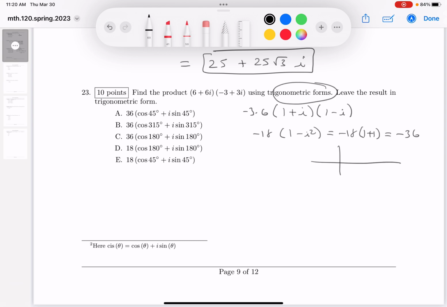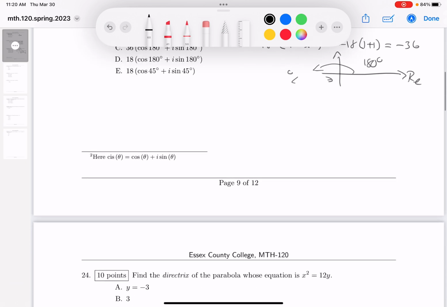I want trigonometric form. And what do you get over here? Let's see. I'm going in, let's see, minus 36. That's along the real axis. That's over here somewhere. And what's the angle of there? 180 degrees. What's the length of that thing? 18. I'm sorry, 36. Got 18 in my mind still. I'm really screwing up here, aren't I?